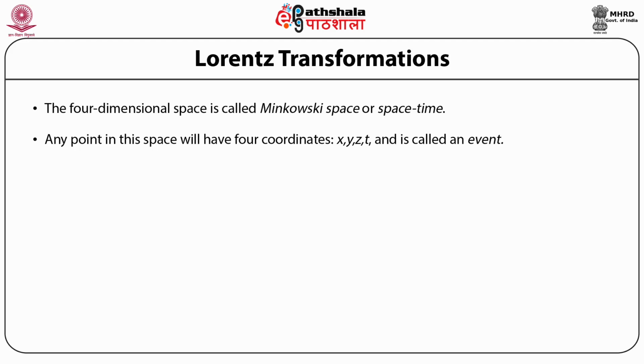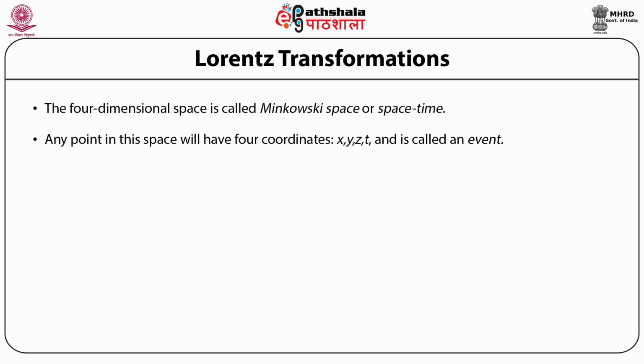When I say inertial frames of reference, what I mean is that both these frames of reference are non-accelerating frames of reference. The other important thing is that one frame of reference is moving with respect to the other with a constant velocity.